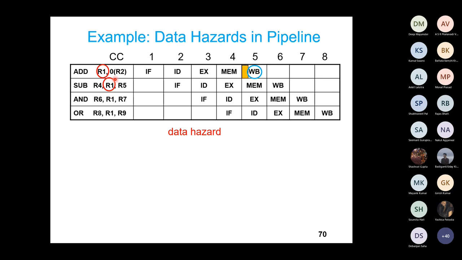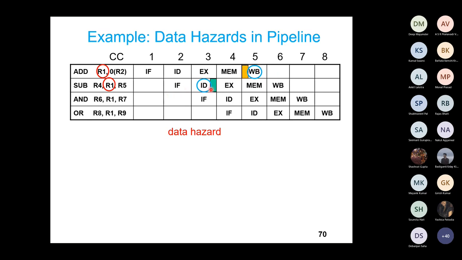But you are requiring it in the 3rd clock cycle, where you are going to read the source register here, right? And the subtraction operation would be executed in the 4th clock cycle. So as you can see, I'm going to read the content of this R1 in clock cycle 3, whereas it is available in clock cycle 5.